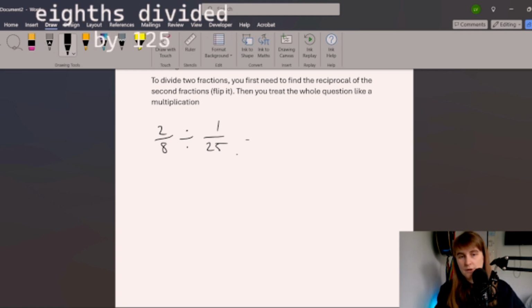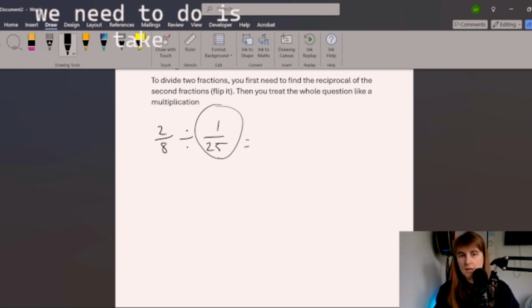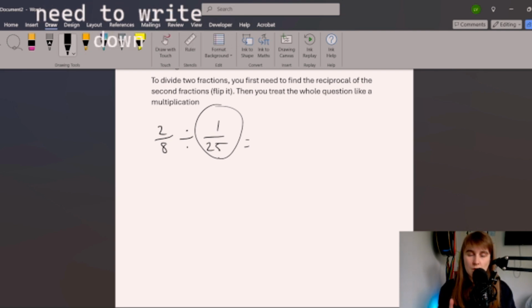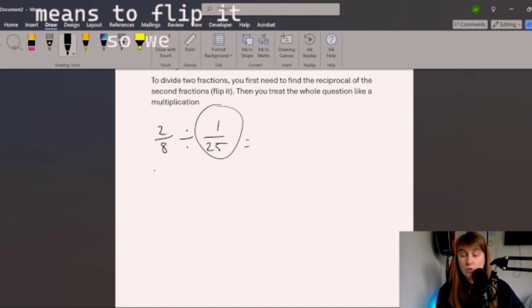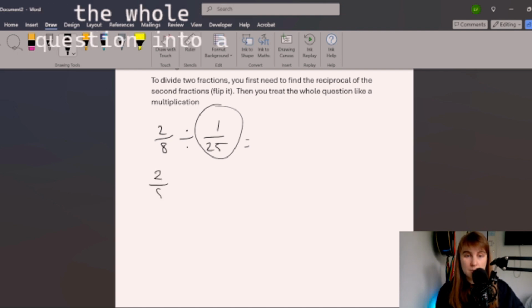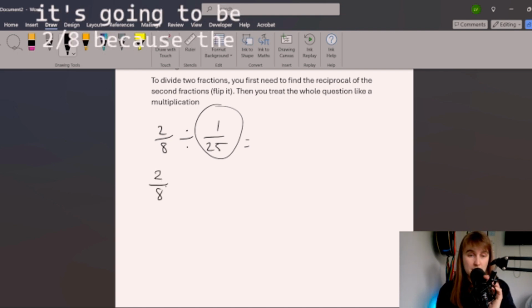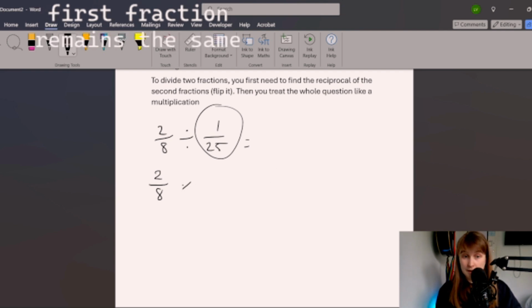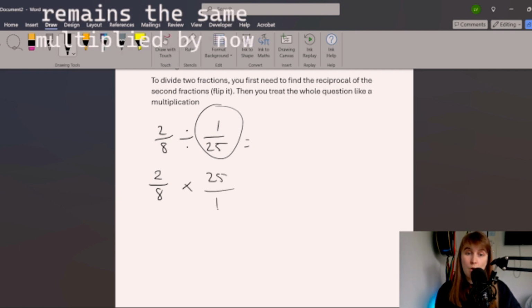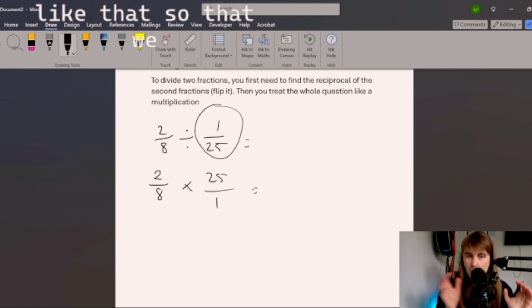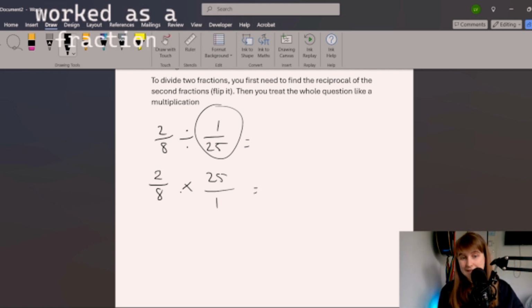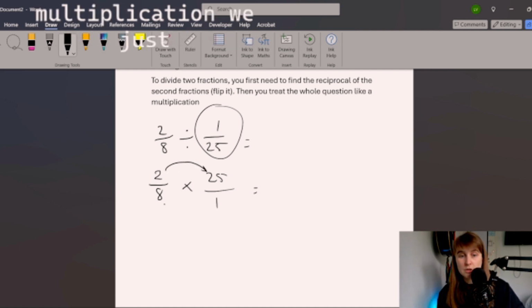Okay. So the first thing we need to do is take the second fraction and we need to write down its reciprocal, which means to flip it. So we then change the whole question into a multiplication. So it's going to be 2/8 because the first fraction remains the same, multiplied by now 25 over 1, which is 25, but we're going to keep it like that so that we can see how it works as a fraction. And now because we've made it a multiplication, we just multiply across as we did before.